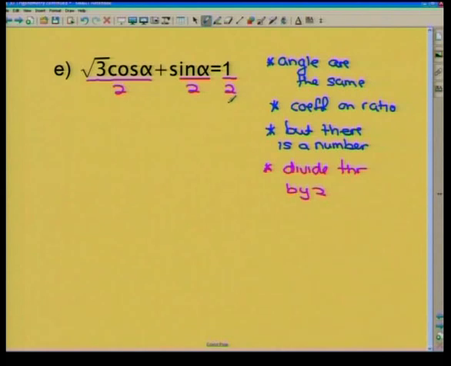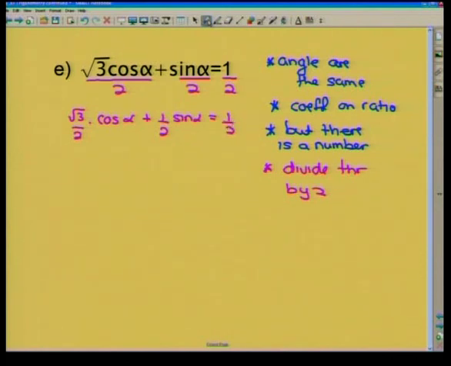Of course, I haven't changed it if I divide right the way through by the same thing. So we're absolutely fine with this. But what I can do is reshuffle it so it looks a little bit more user-friendly. So I could go root 3 over 2, which hopefully you recognize, and I'm going to come back to that in a moment, plus a half sine alpha equals a half.